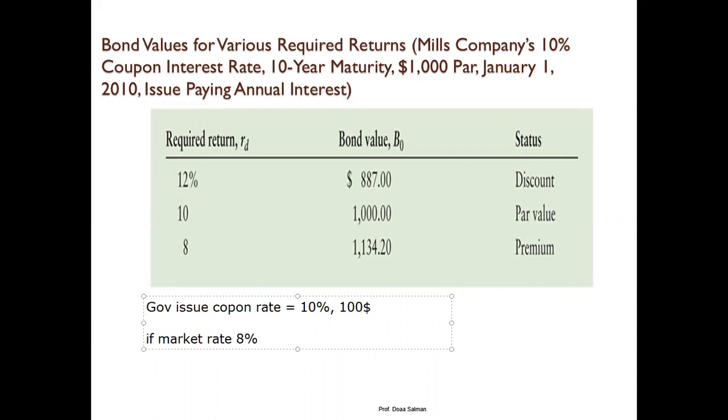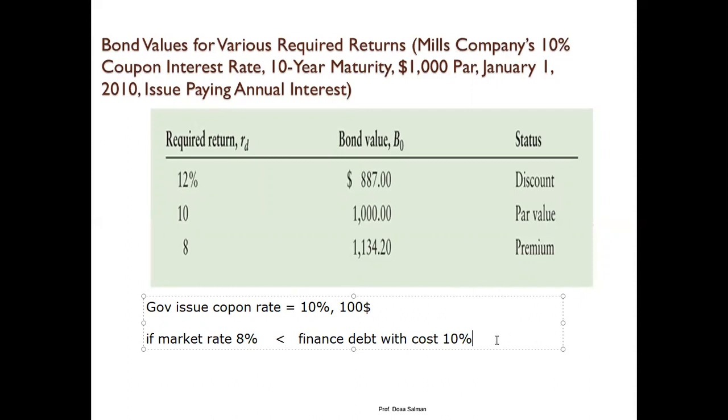So this means that I finance my debt. How much do I finance it with? I finance my debt with a cost. How much? I agreed upon 10%. But what happened in the market? The market rate declined. So I am financing with a higher rate. When I finance with a higher rate, I agree to pay 10%, while if I waited a while, I could pay 8% instead of 10%.